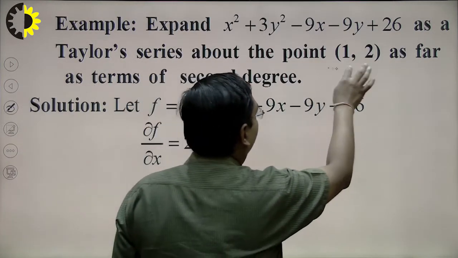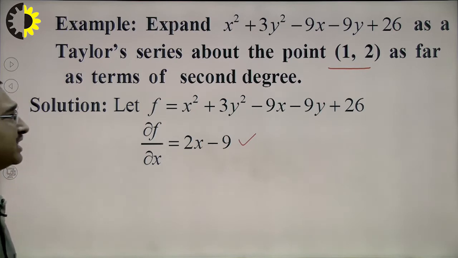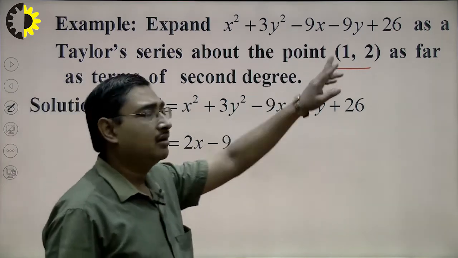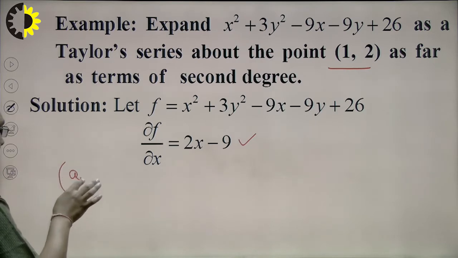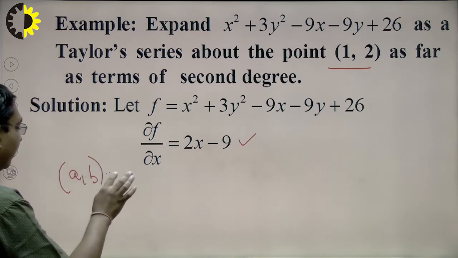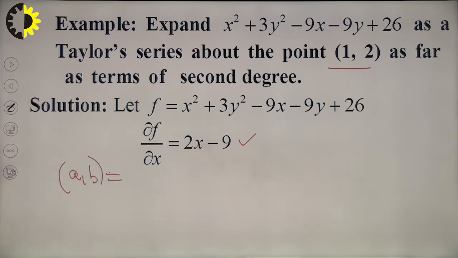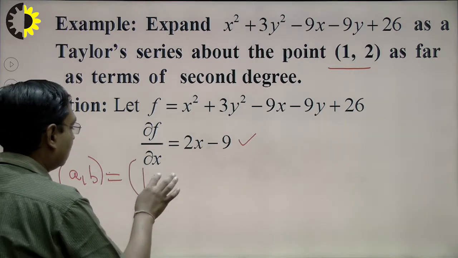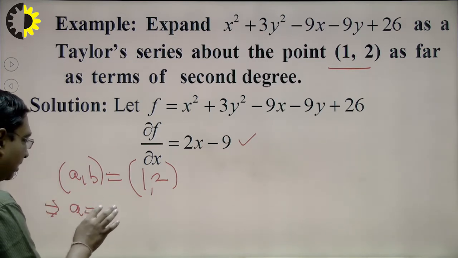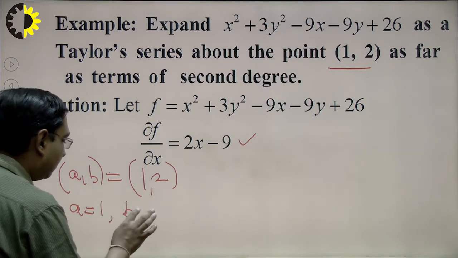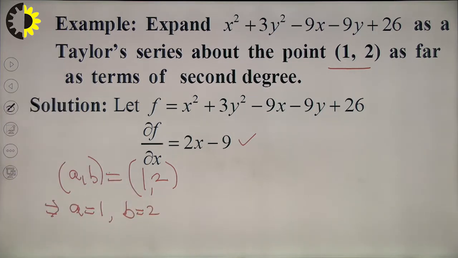In the given problem, we are supposed to expand the function about the point 1 comma 2. Therefore, the point 1 comma 2 will work as a comma b. So, the value of a comma b will be 1 comma 2, and it will give a equal to 1 and b equal to 2.